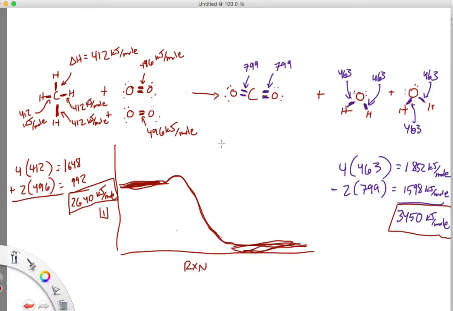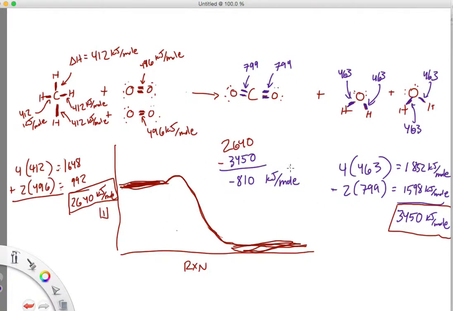So we're going to take 2,640 and subtract from that 3,450, and we're going to get negative 810 kilojoules per mole.